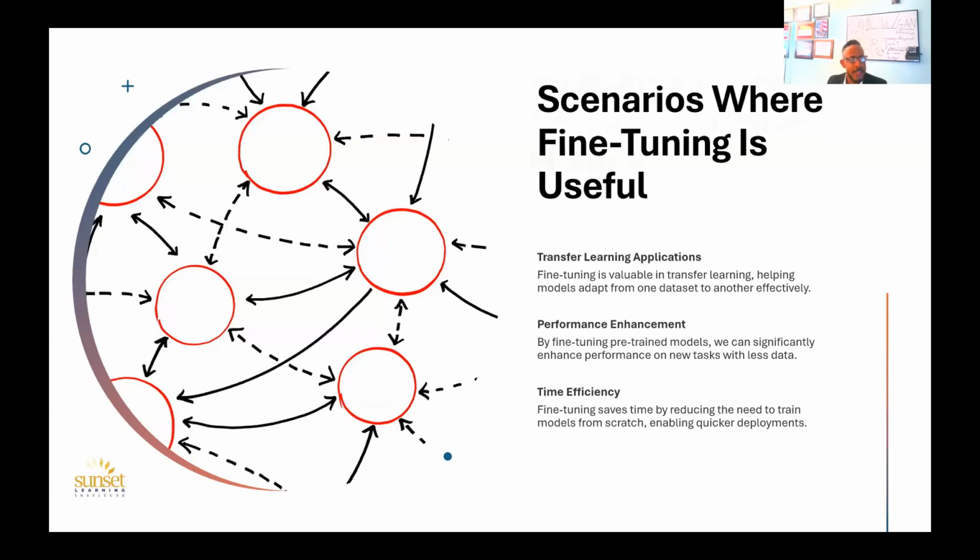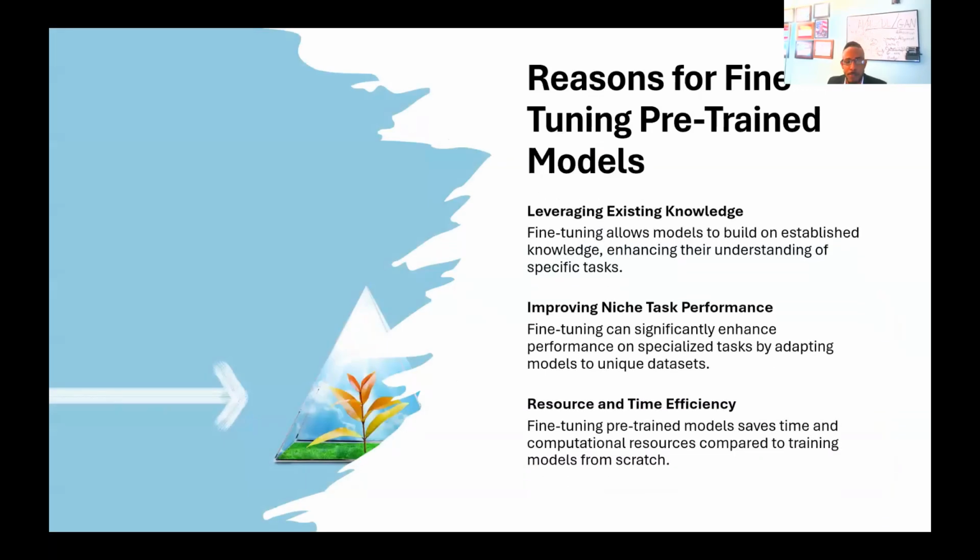So just in case, what are some reasons for fine-tuning pre-trained models? Leveraging existing knowledge. Where? Existing knowledge that's specific to your organization's tasks. And you're what? Improving it on that niche task. If you consider my words earlier, I said for my sales team, which means I would create a different chatbot for my marketing team.